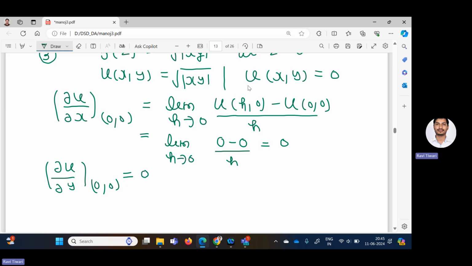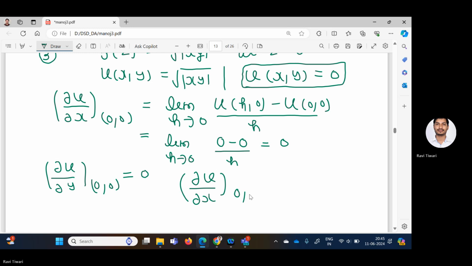And here the imaginary part is 0, so when you differentiate the imaginary part with respect to x and with respect to y, it will also come out 0. So dou v by dou x at 0 comma 0 is 0, and dou v by dou y at 0 comma 0 is also 0. So here the CR equations are satisfied. Now we can check the differentiability of this function.